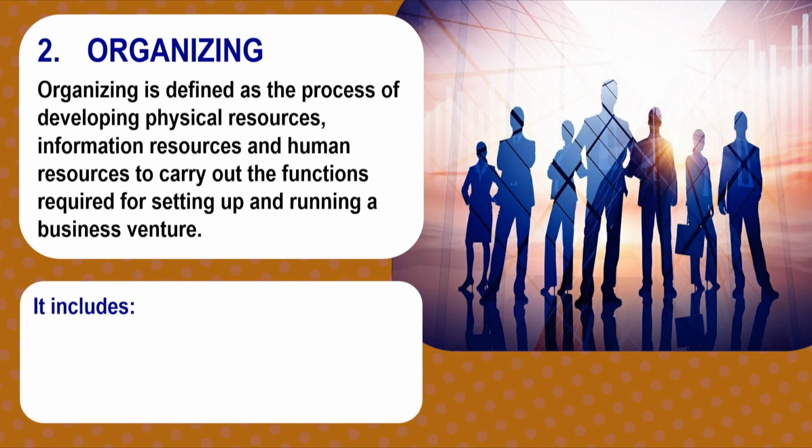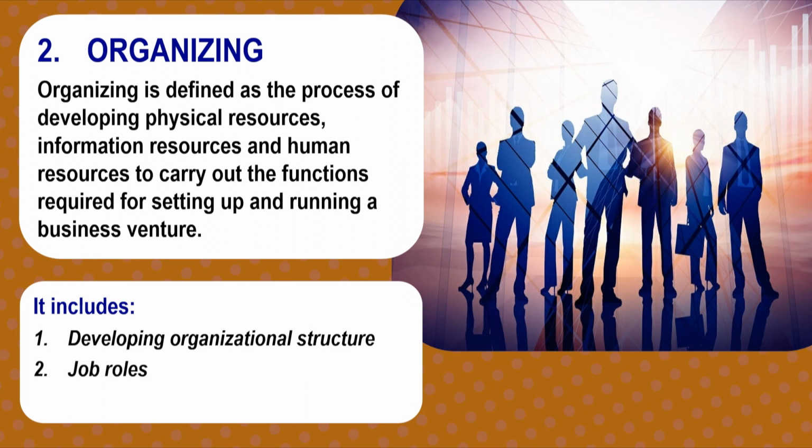It includes number 1, developing organizational structure, that is identifying the work activities that must be performed and arranging them in logical groups. Number 2, job roles, that is assigning and identifying the work each employee must do. Number 3, developing relationships, that is establishing necessary conditions to work cooperatively and harmoniously together.